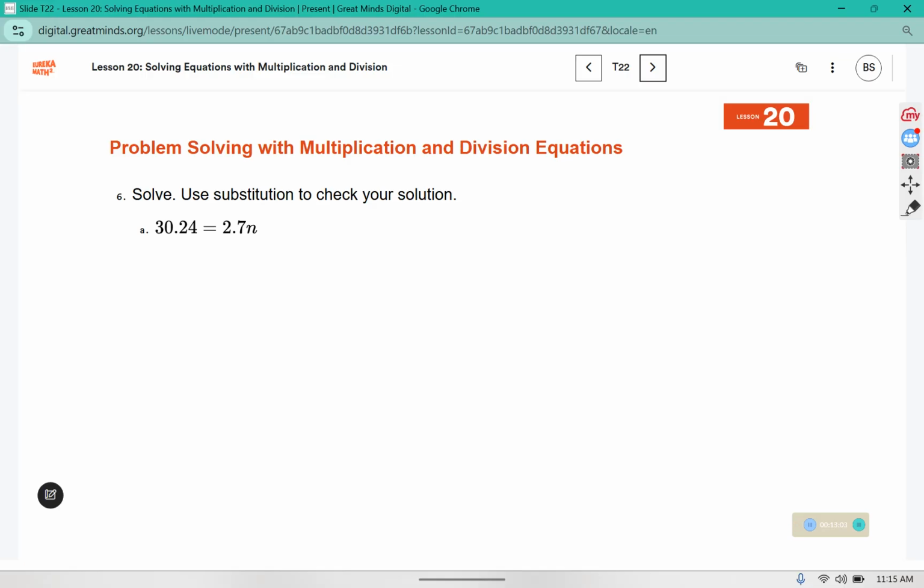6. Use substitution to check the solution and solve it. Here I see the variables on this side, so we need all of our numbers to go to the other side. Right now, 2.7 is being multiplied by n, so to undo the multiplication, we're going to use division.